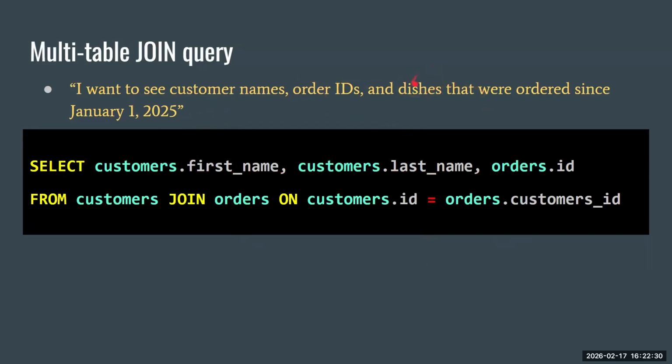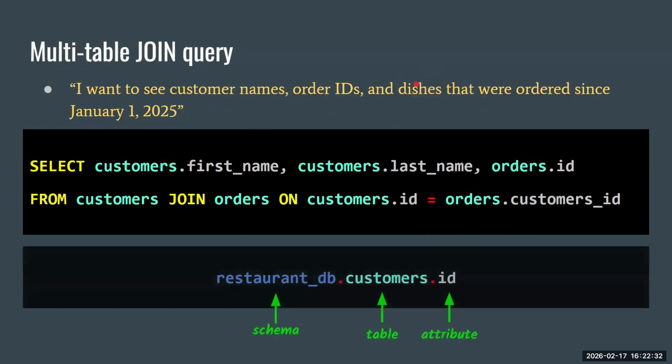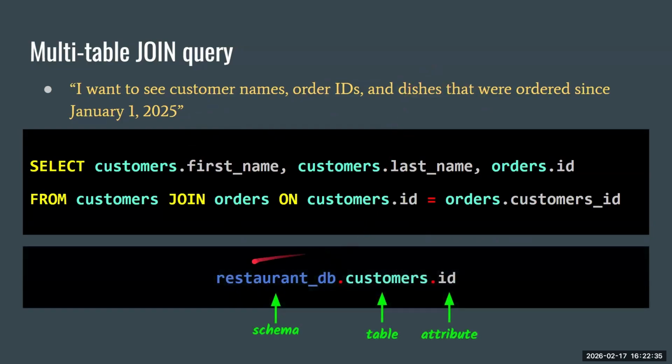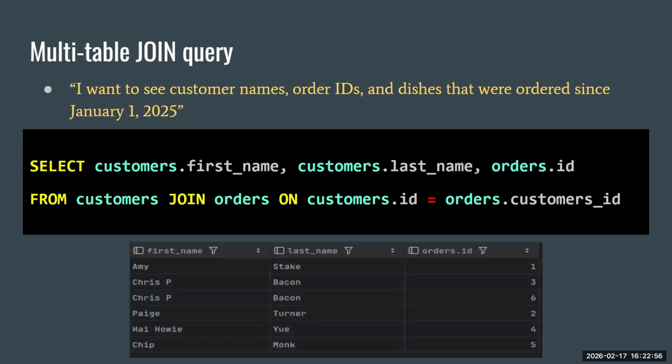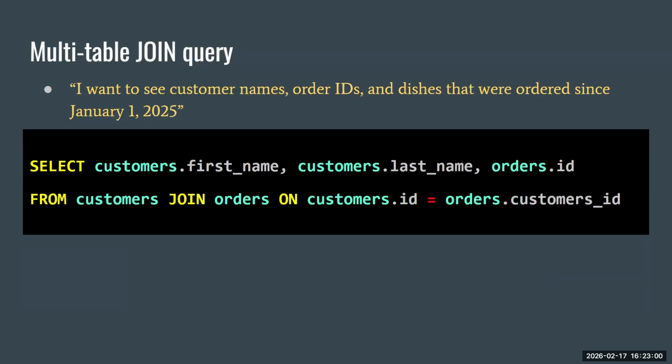Now we need the dish names. By the way, fully qualified names in databases consist of a schema name, table name, and attribute name. Now we only have one schema, so we can omit the schema name. All right, and the query ran successfully.